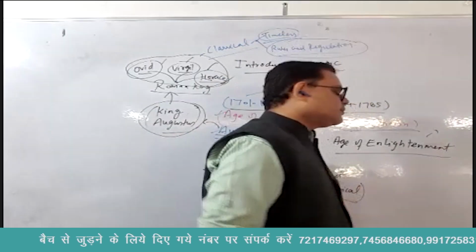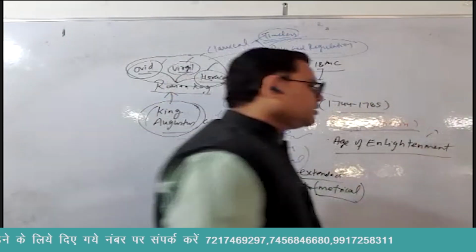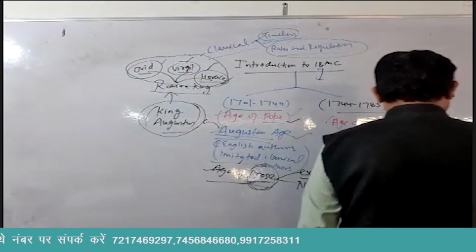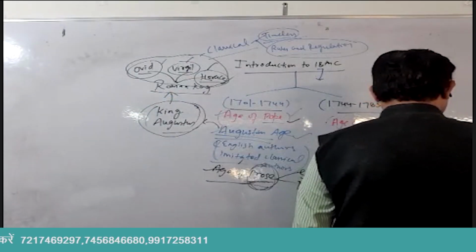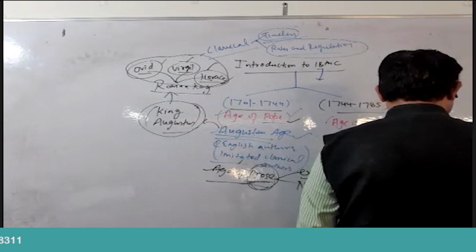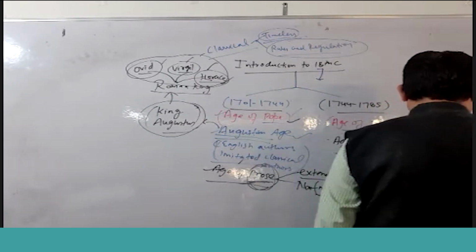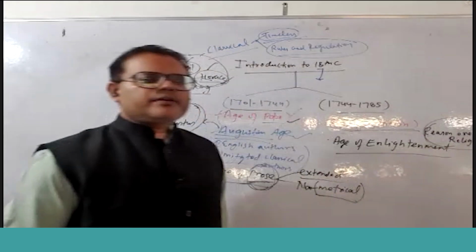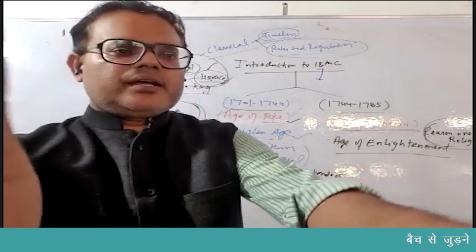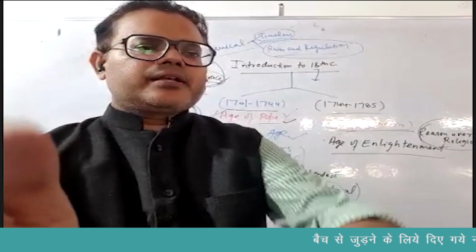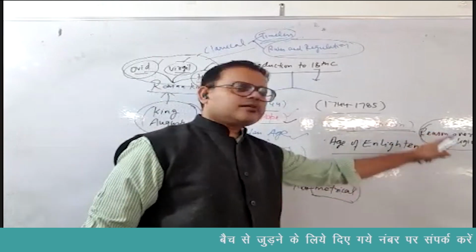So, what's the one-line slogan for enlightenment? Age of Enlightenment is reason over religion. That's the main point. Enlightenment gave primary importance to reason over religion.